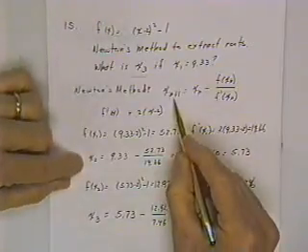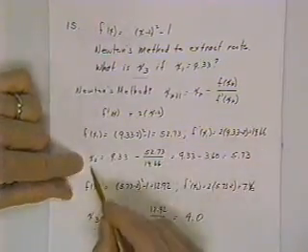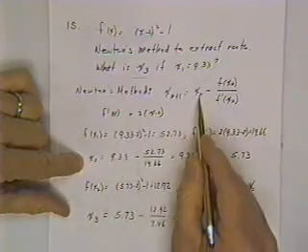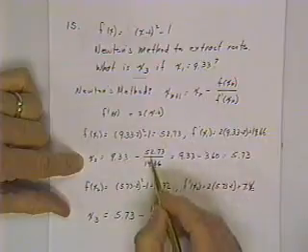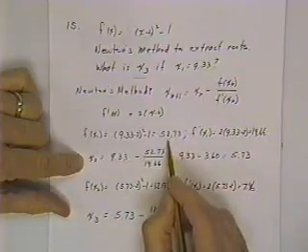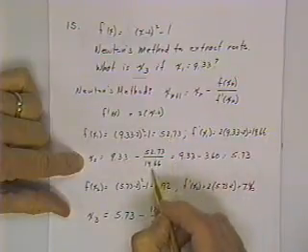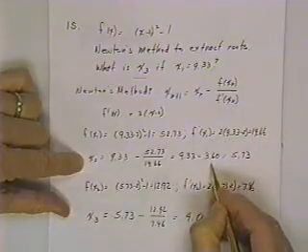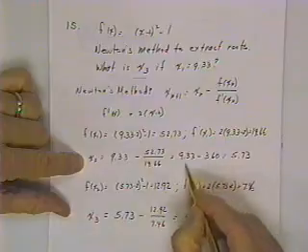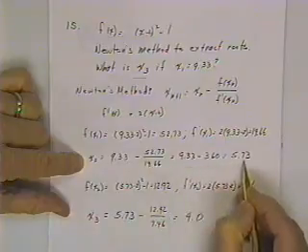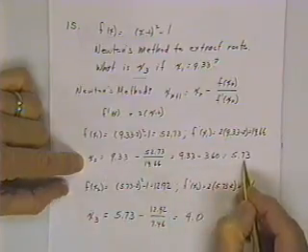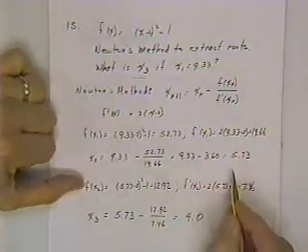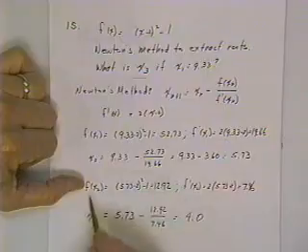Using the equation for Newton's method, we get that x2 is equal to 9.33, which is the previous guess. The value of the function, 52.73 divided by 14.66, its slope. That division gives you 3.60. Subtracting it from 9.33 gives you 5.73. We go through that process once again.